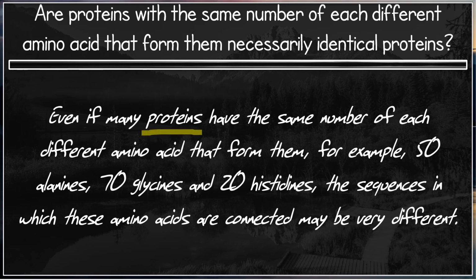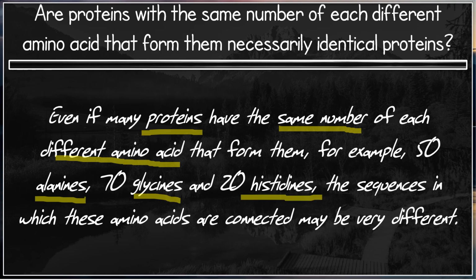Even if many proteins have the same number of each different amino acid that form them, for example, 50 alanines, 70 glycines, and 20 histidines, the sequence in which these amino acids are connected may be very different.